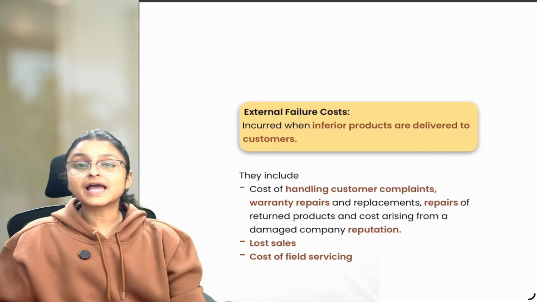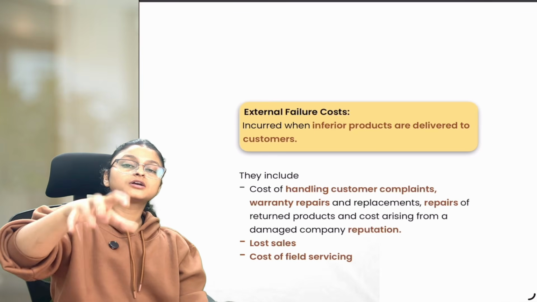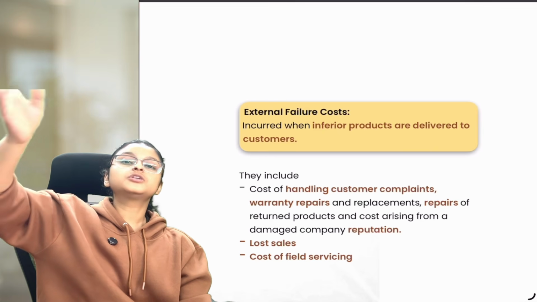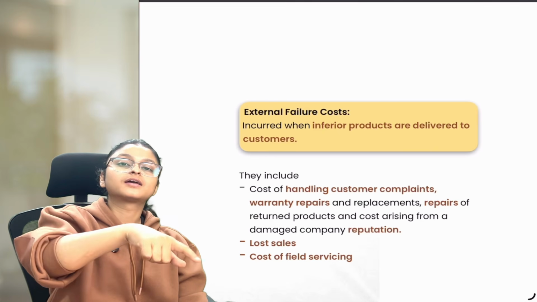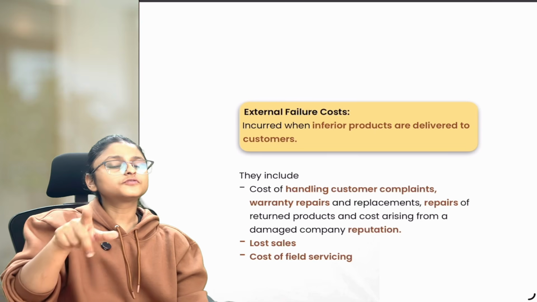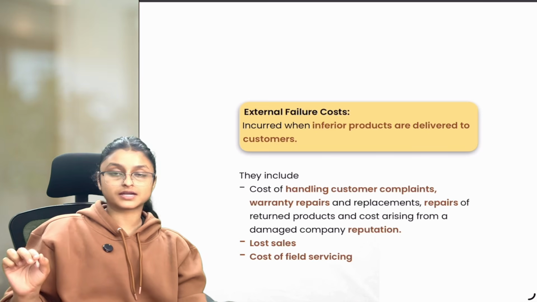Sometimes the product which we have provided to the customer can't be moved back to the organization. So we need to send a technician there to repair that particular product. So there is a lot of cost which has to be incurred by the organization if external failure has arisen.